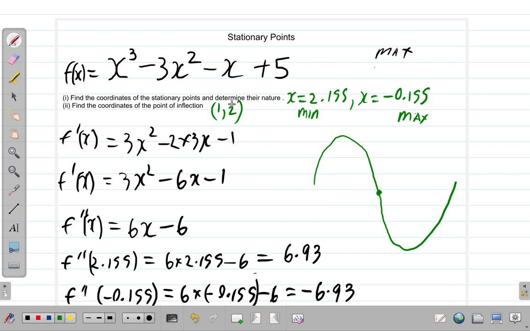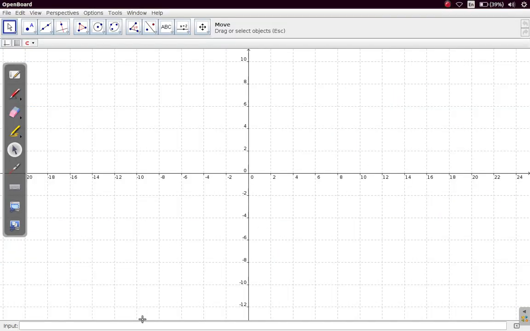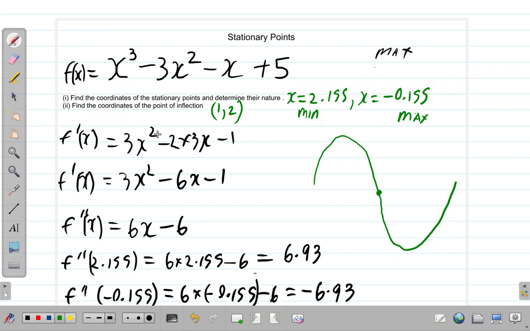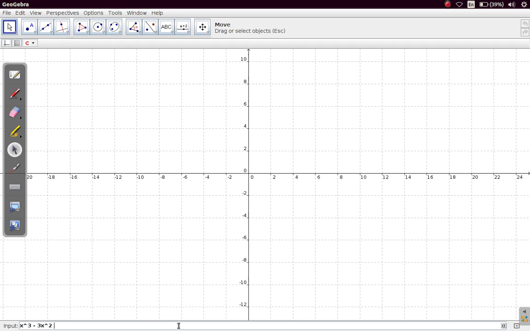So we have x to the power of 3 minus 3x to the power of 2 minus x plus 5. Bam.